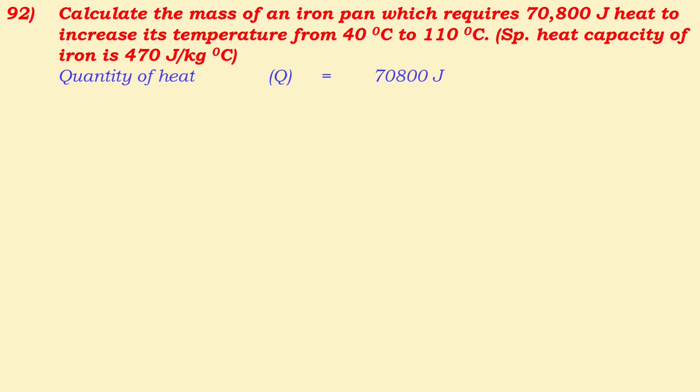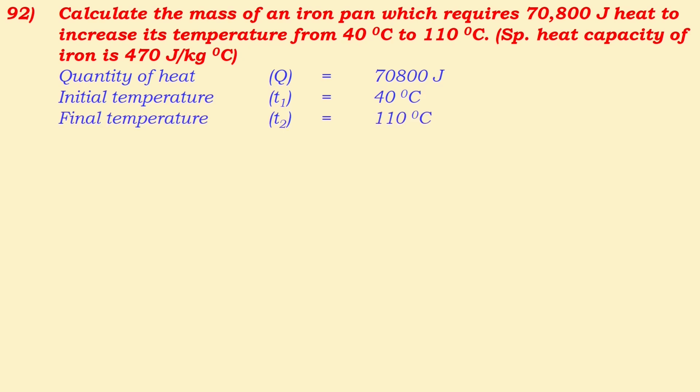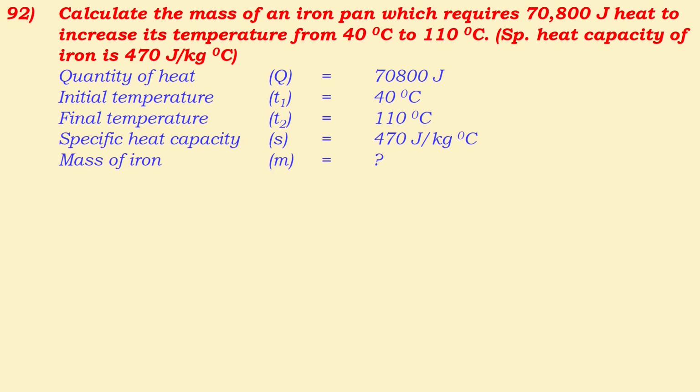Quantity of heat Q equal to 70,800 joule. Initial temperature is given as 40 degrees Celsius, final temperature is also given as 110 degrees Celsius, and specific heat capacity is 470 joule per kg degree Celsius. Now mass of iron is equal to what?